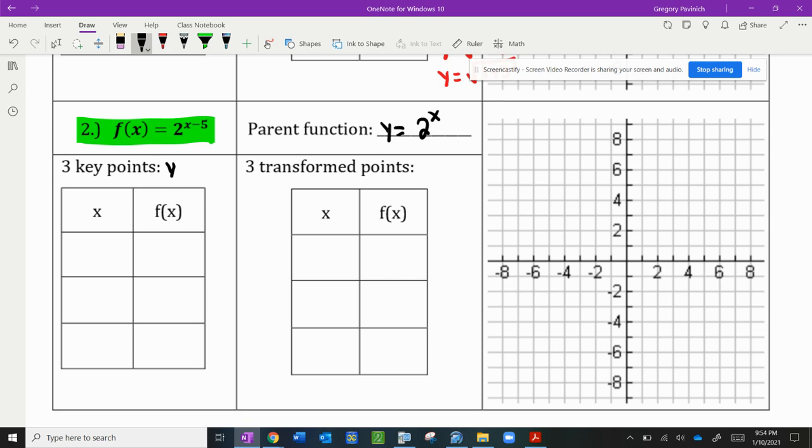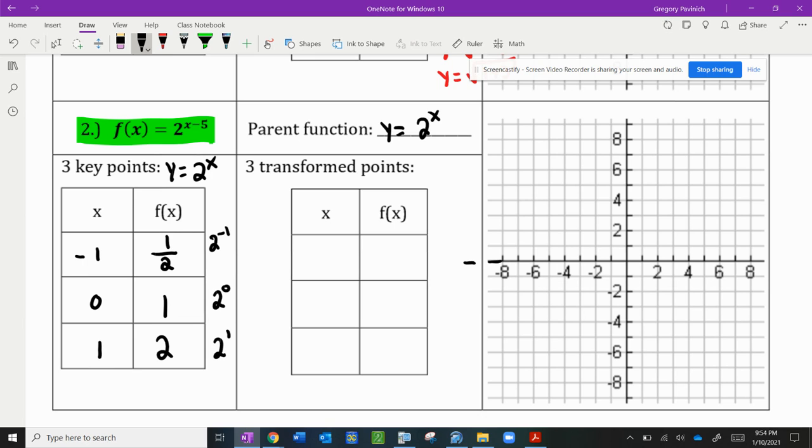And I'm going to plug my 3 parent function inputs in, -1, 0, and 1. Remember, anything raised to the -1 is going to cause it to reciprocate. So 1 over 2. And then I'm going to plug in 0. Anything raised to the 0 is 1. And 2 to the 1 is just 2.